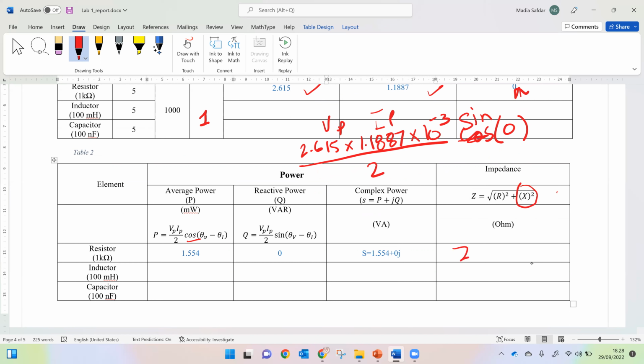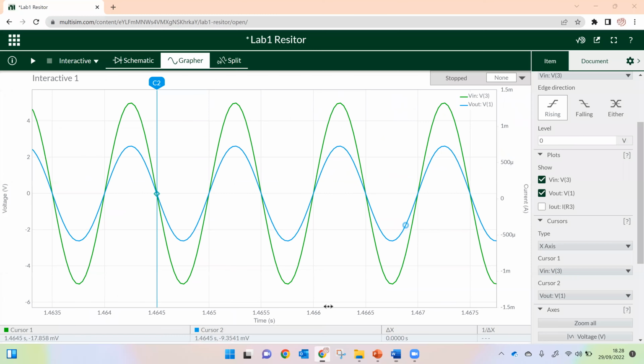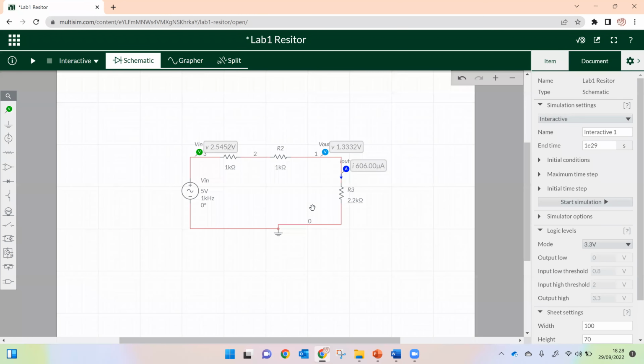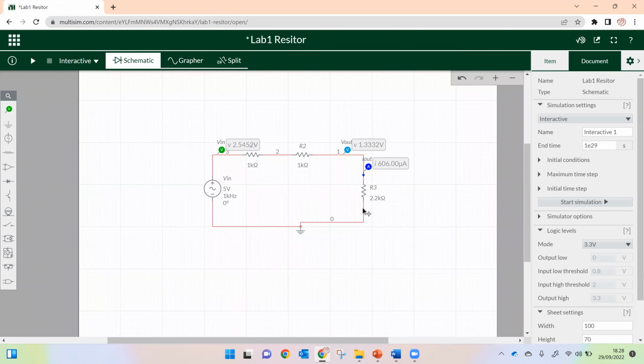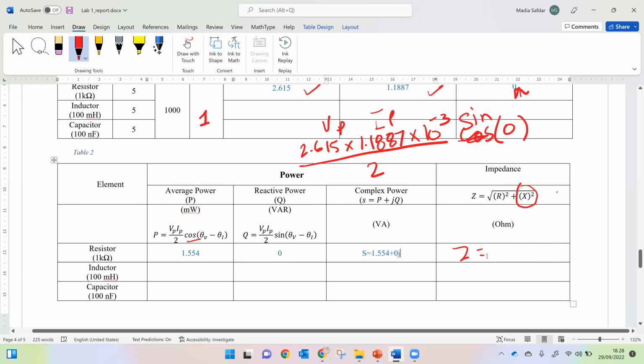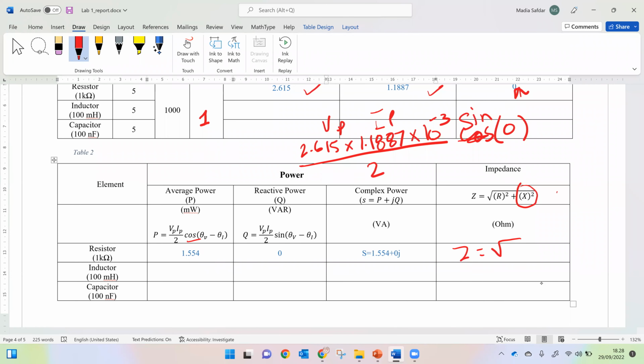So Z will be, you will go back to your circuit, add these three resistors 1K, 1K and 2.2K. It will be 4.2K. Okay, it will be square root of 4.2 square. So square will cancel with this, so it will be 4.2K.